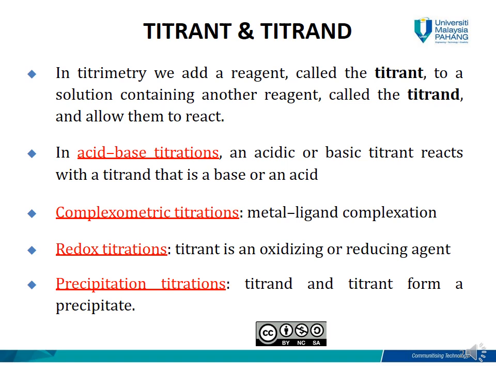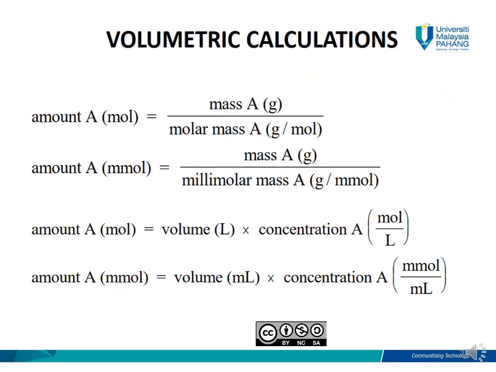So you must take note that the titrant forms a precipitate. This is the basic formula for you to calculate by using the volume. I believe that you already know all this formula, and you already learned it in chapter 1.